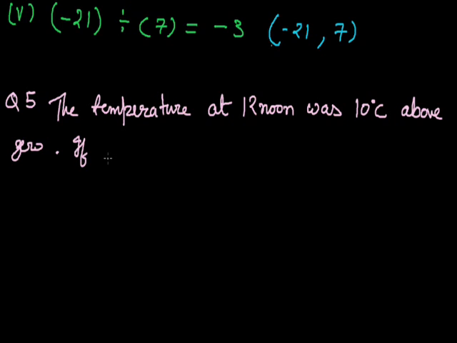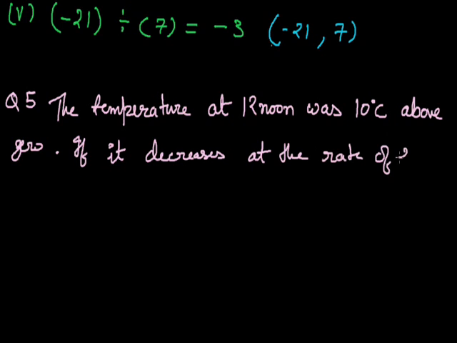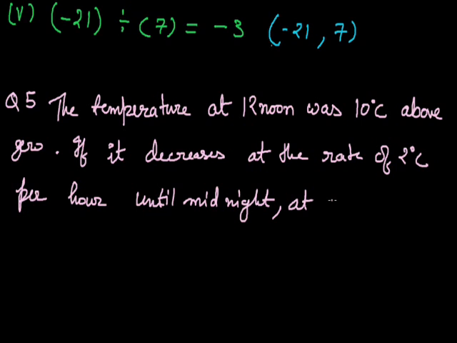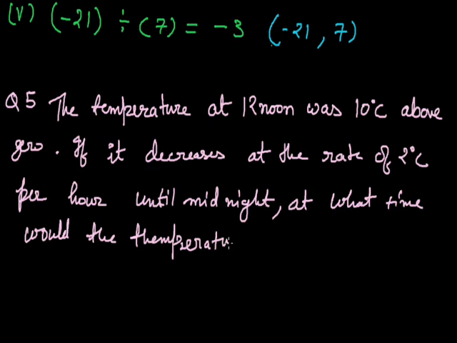If it decreases at the rate of 2 degrees centigrade per hour until midnight, at what time would the temperature be 8 degrees centigrade below 0?